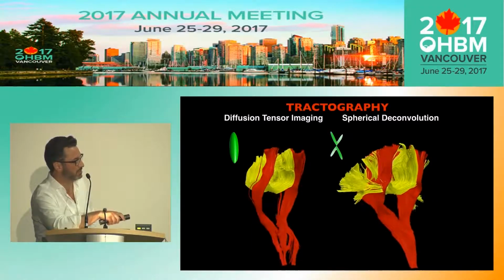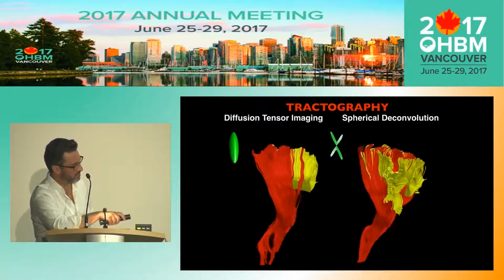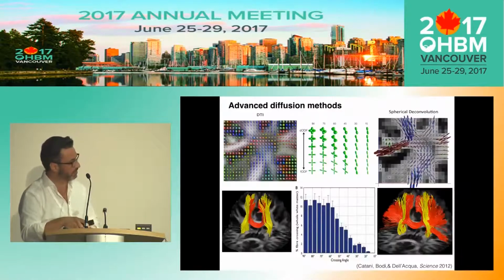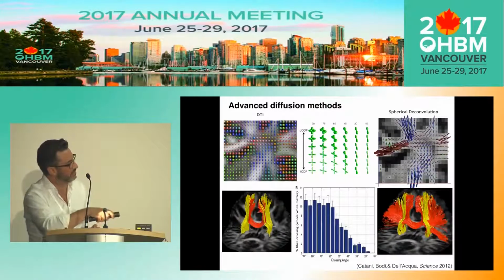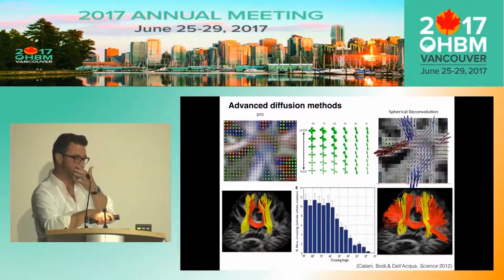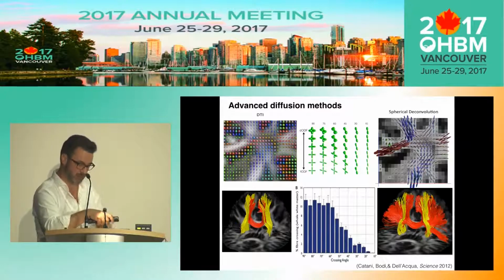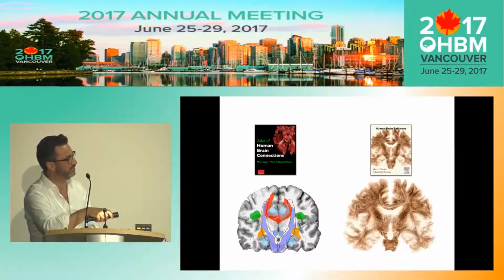And the reason is that when we use the tracking algorithm, we use this information rather than the other. So because of that, there are advanced models, but advanced models have the problem that on one hand they show you more, sometimes they show you too much. So you have now models that create false positives.